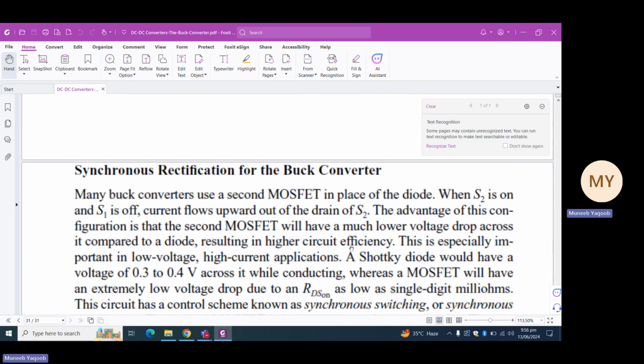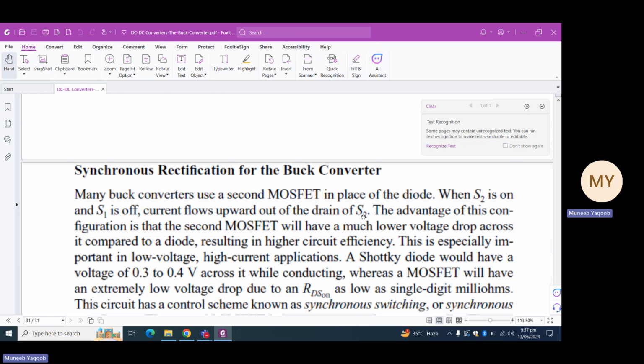Now, coming to the fact that most buck converters use a MOSFET in place of the diode. If you recall, in the standard buck converter configuration, we were having a switch and a diode. Most of the times we replace that diode with a MOSFET.